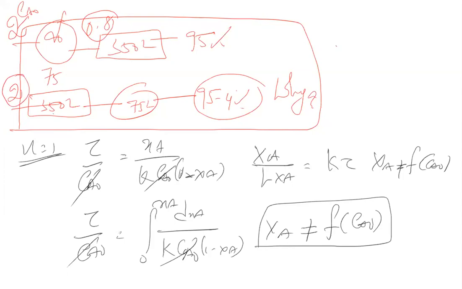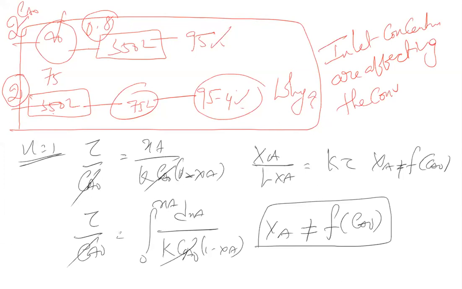Basically, the argument is that inlet concentrations are affecting the conversions, because you are doing a second order reaction. Suppose you are doing a first order reaction in this question, you will get the same conversion.